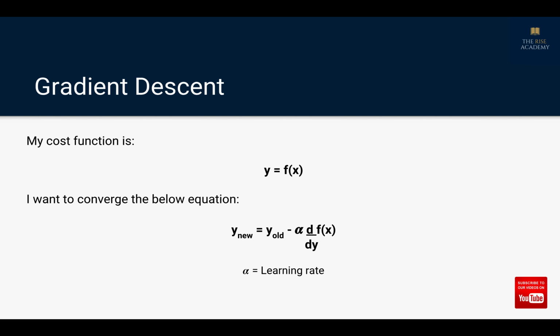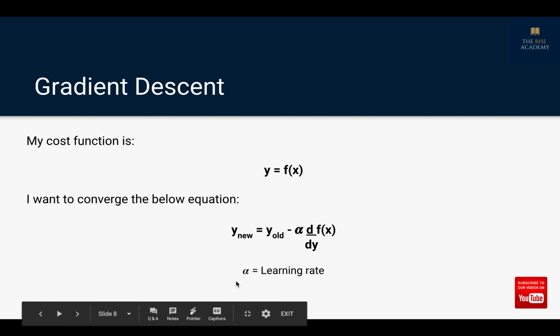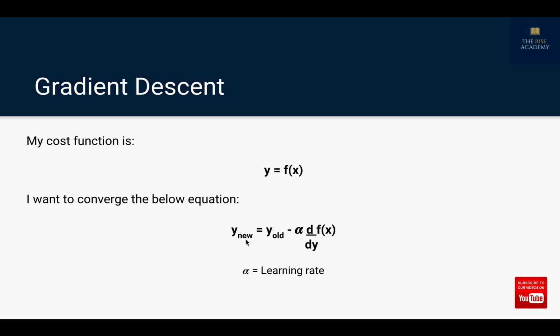So let's say my cost function in this case is y equals f(x). Like I said, gradient descent will iteratively calculate one value of y after another till it finds the minimum value. So how does it do that? It does that with the help of this particular function. y new is the next value of y that it's going to calculate, and it will calculate that by subtracting this value from y old. So let's say this is my first value of y that I calculated.